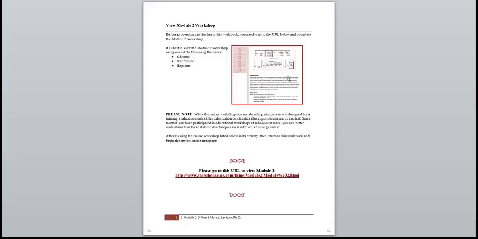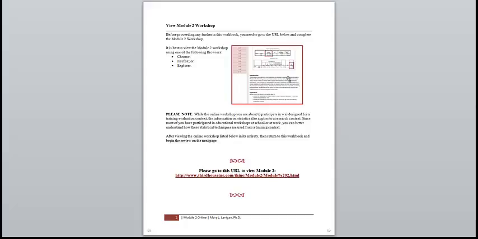However, the information is on statistics, and it applies to a research situation as well. And since most of you have participated in some type of educational workshop, whether at school or work, it'll help you understand statistical techniques more effectively because you understand what a training context looks like.